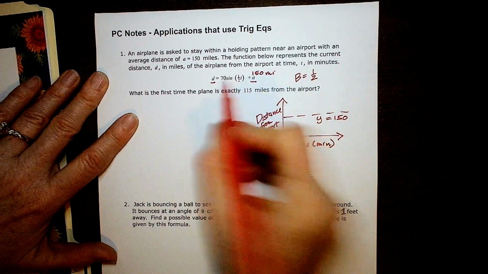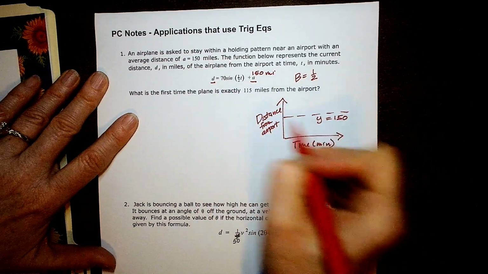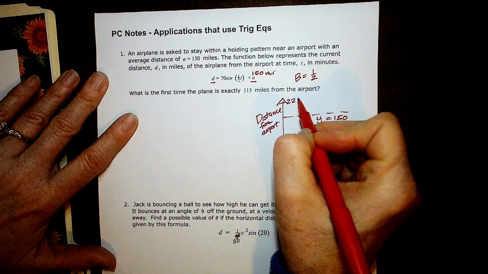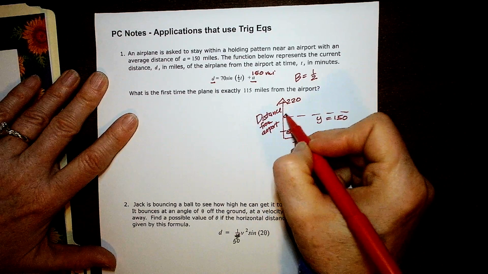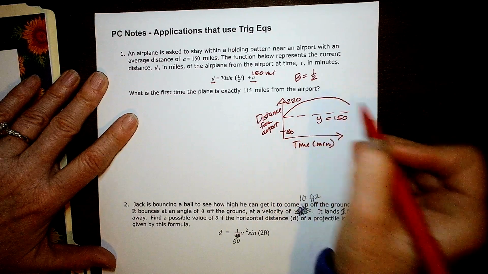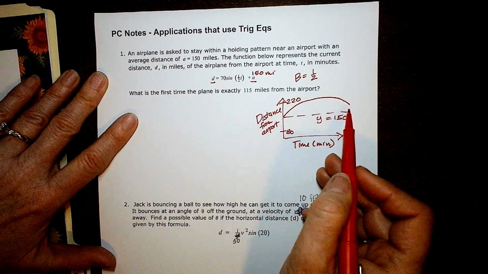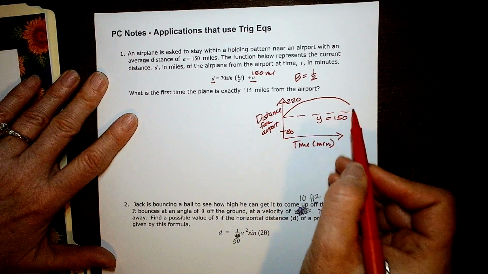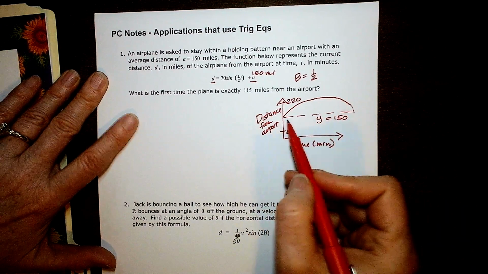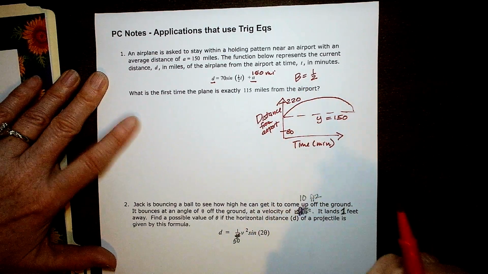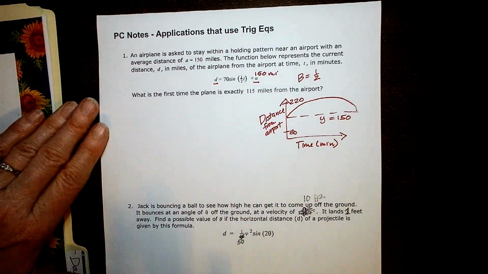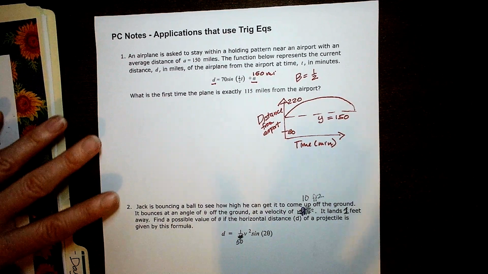And the amplitude, so if this is 150, this is 220, and this is 80, because we've got a sine graph. Now you notice I am only drawing half a sine graph because in 2 pi, I will only have that much of a graph. So there's my graph, a really light sketch.